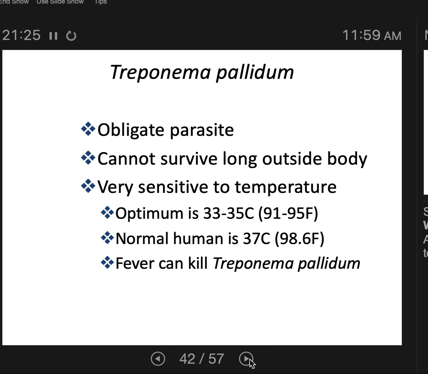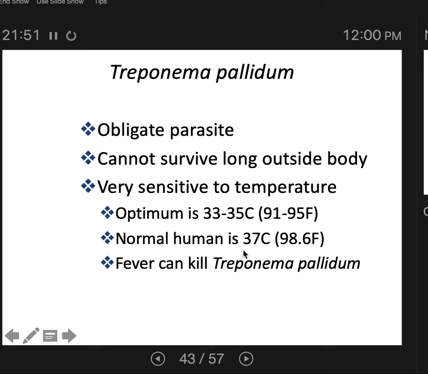And so to fight syphilis, before we had antibiotics, we used to use malaria therapy, because fever can kill this bacteria, Treponema pallidum. Its optimal temperature is 91 to 95 degrees Fahrenheit. Normal human body temperature is 98.6 degrees Fahrenheit.